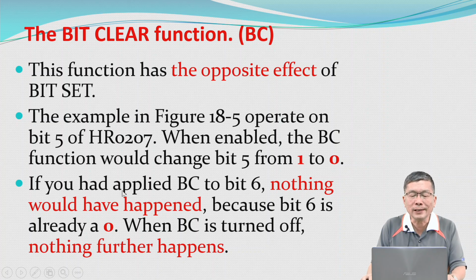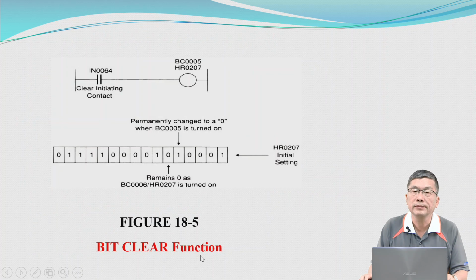If you had applied BC to bit 6, nothing would happen because that bit is already 0. When BC is turned off, nothing further happens. This picture shows the bit clear function program.